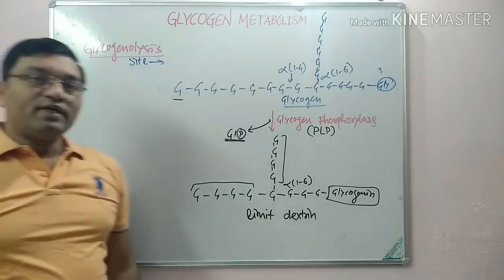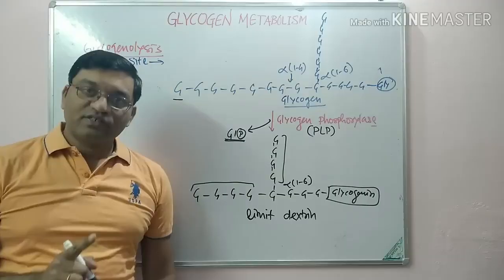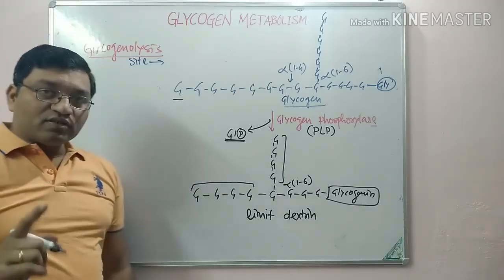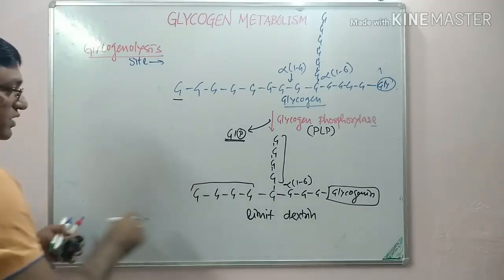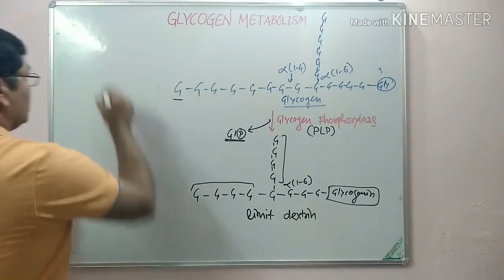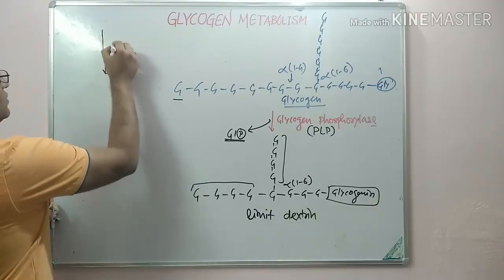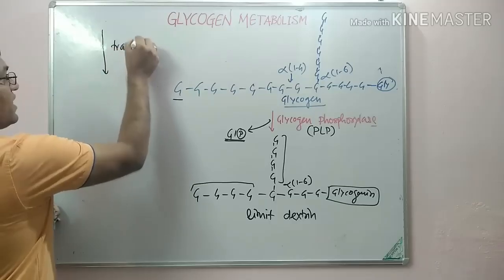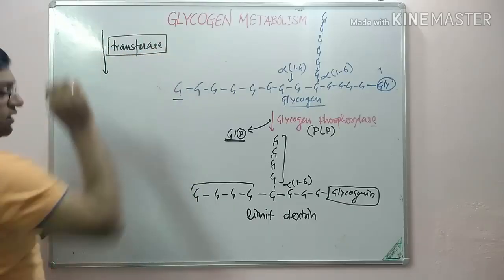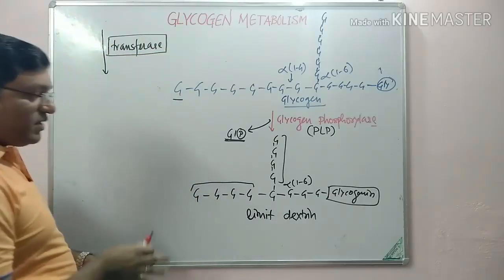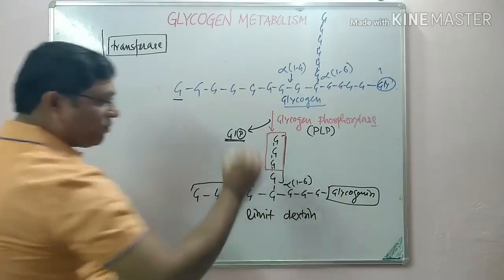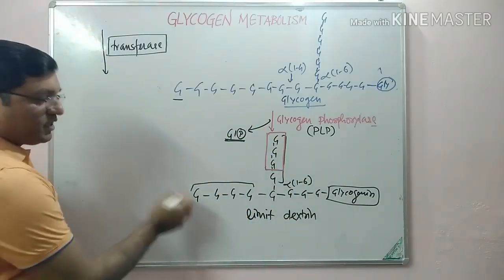Then there is a role of the debranching enzyme. It is a bifunctional enzyme. It has two important functions. The first is the transferase activity. Due to the transferase activity, this debranching enzyme transfers this trisaccharide unit from the branching point to the linear chain.